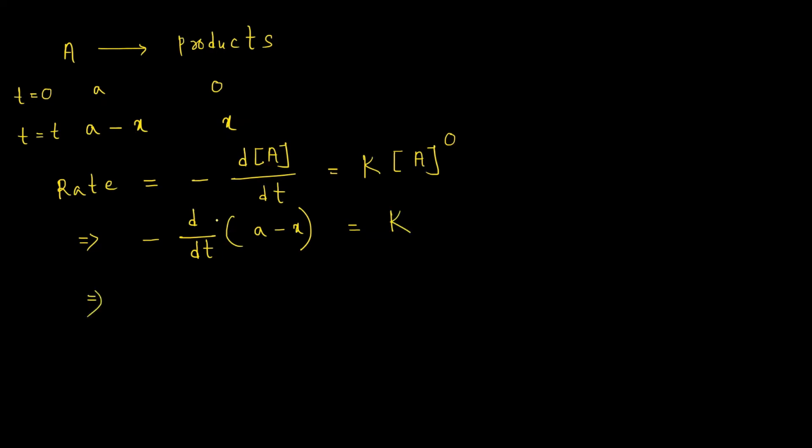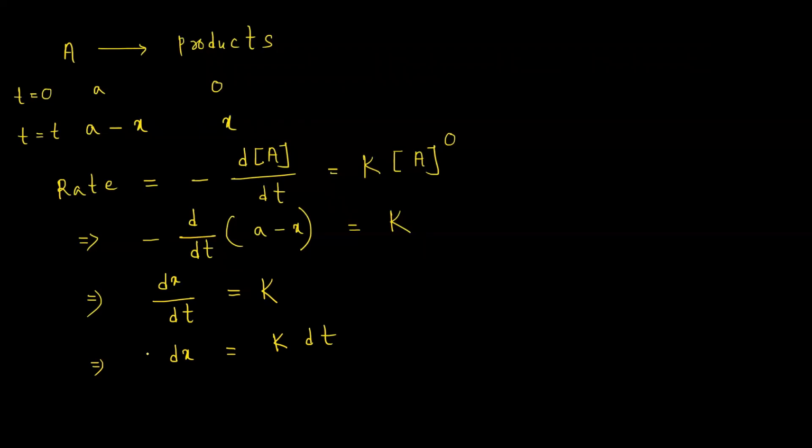So if we differentiate with respect to time, we find dx upon dt is equal to k. We can write dx equal to k multiplied by dt.